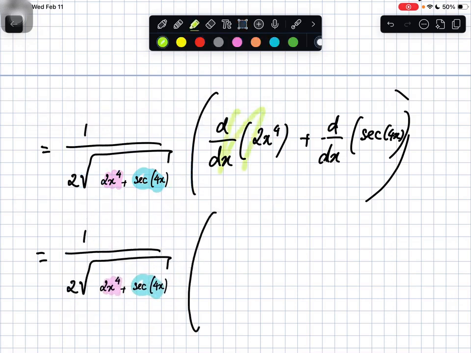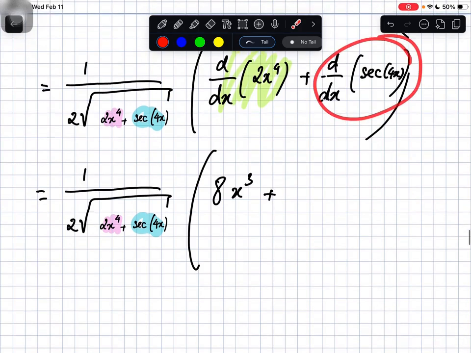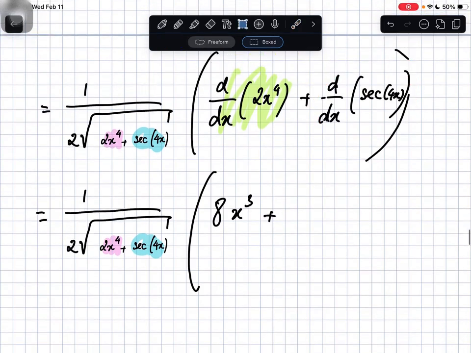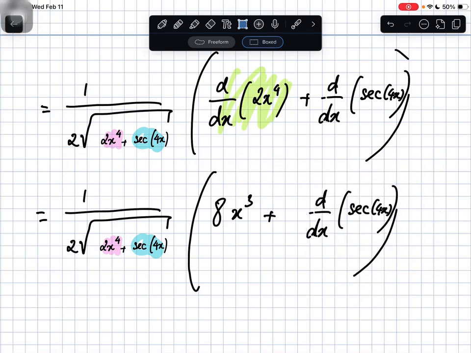This term is 8 times x^3. The next one, if you want to use the chain rule, then let's write it down separately. So the only thing left to compute is here.